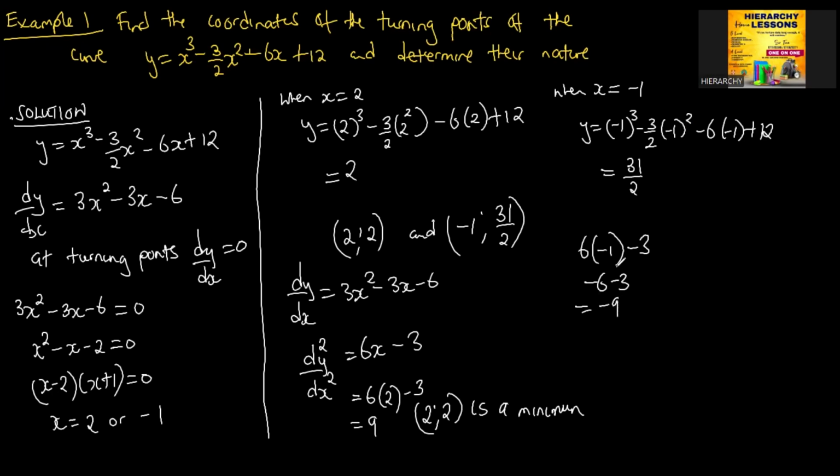The sign is negative, less than 0. So minus 1, 31/2 is a maximum. It's a maximum turning point.